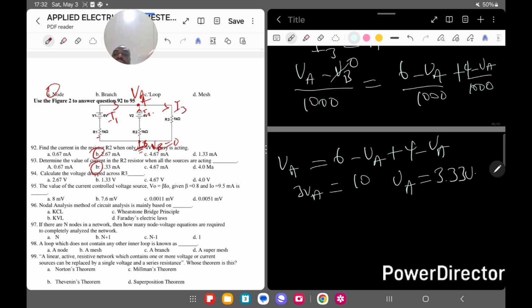And once you've gotten the current, now you take what? The voltage across R3, I3 times the resistance. And you get back the same answer. So you can do it that way as well.